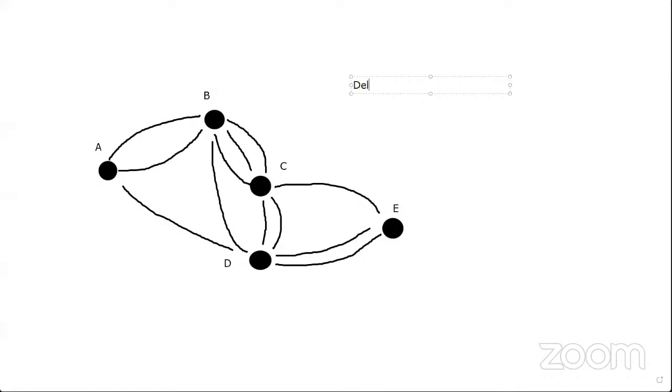So delete D and then E and then C. To make it simple, if they are something like this, you can just replace that with this.